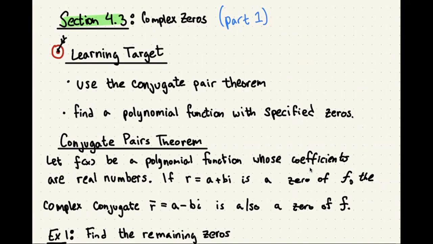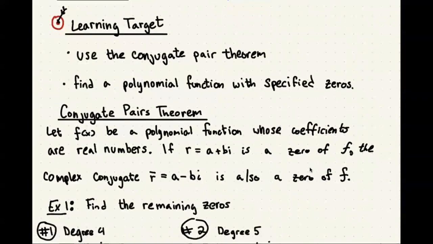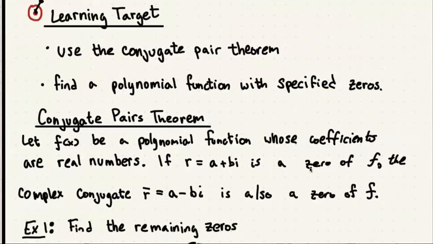And basically all this theorem says is, and this is the conjugate pair theorem, it says let f of x be a polynomial function whose coefficients are real numbers.